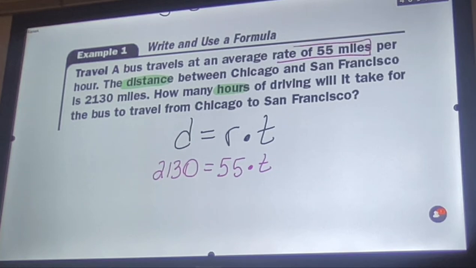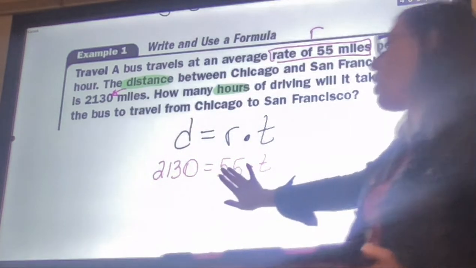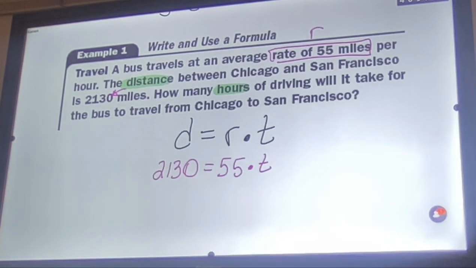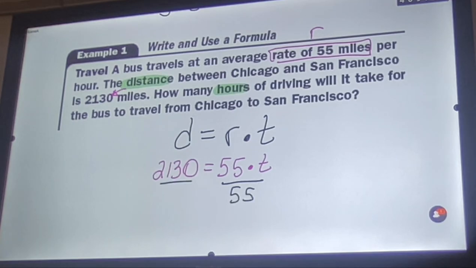We know the rate is 55, and we know the distance is that 2,130 miles. That's a long trip from Chicago to San Francisco. So in this case, you're multiplying R and T together. So Chloe, to get T by itself, you would divide both sides by 55.